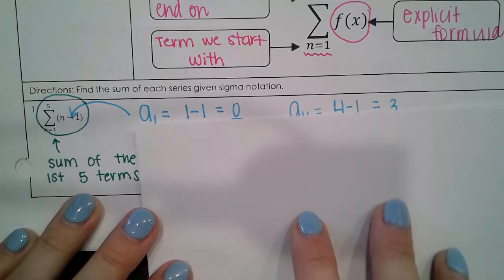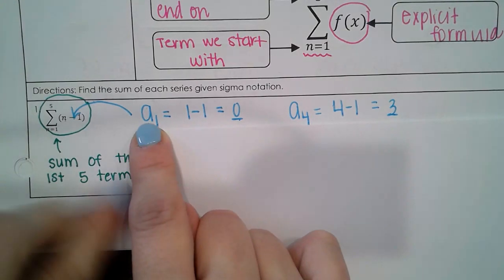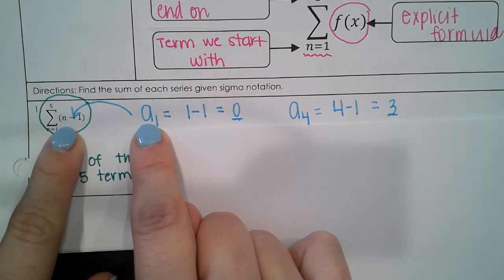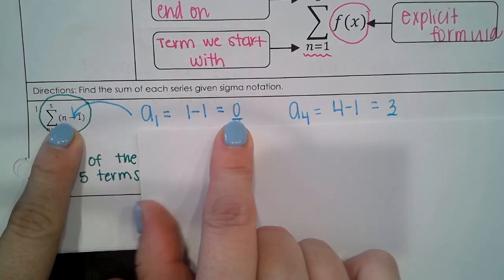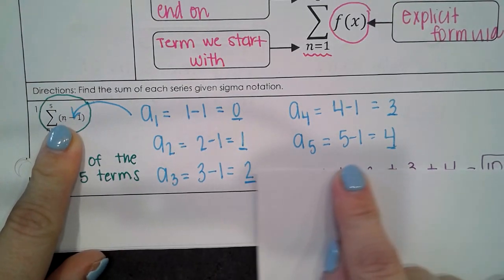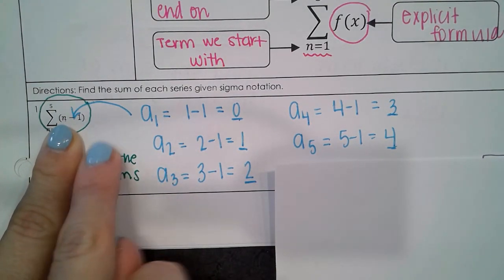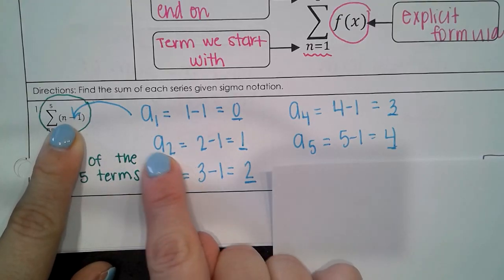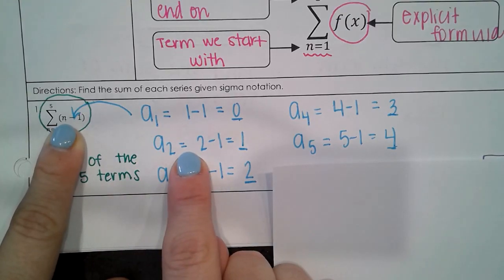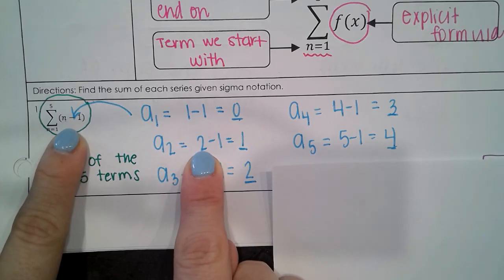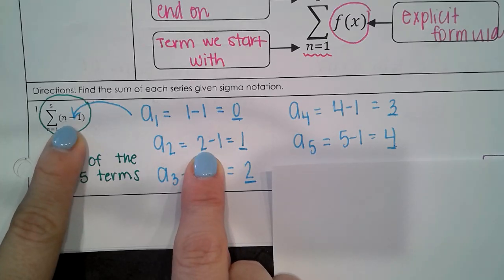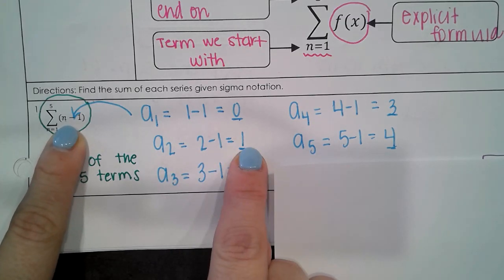Well, A1, your n is 1. So you're going to plug a 1 in there, and you get 0. Then you're going to do A2. A2, your n is 2. You're going to do 2 minus 1, which is 1.